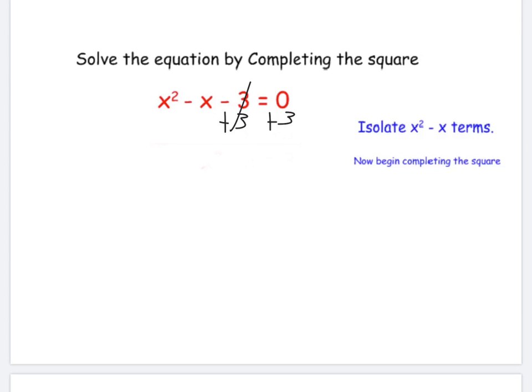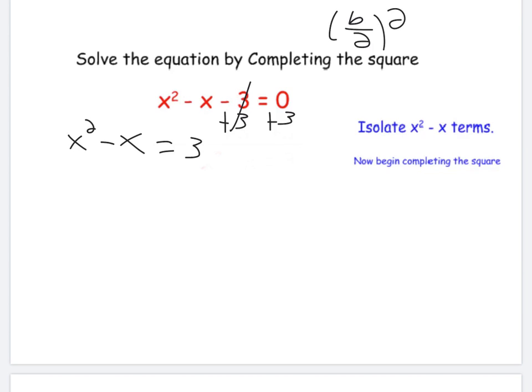They would cancel each other out. So I'm left with the quadratic equation x squared minus x equals 3. Now I have to begin looking at what I want to add to both sides to make it completing the square. So remember, when we complete the square, it's b over 2 squared.